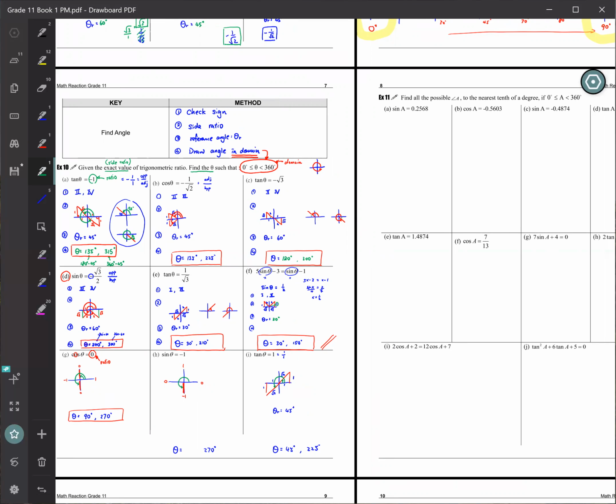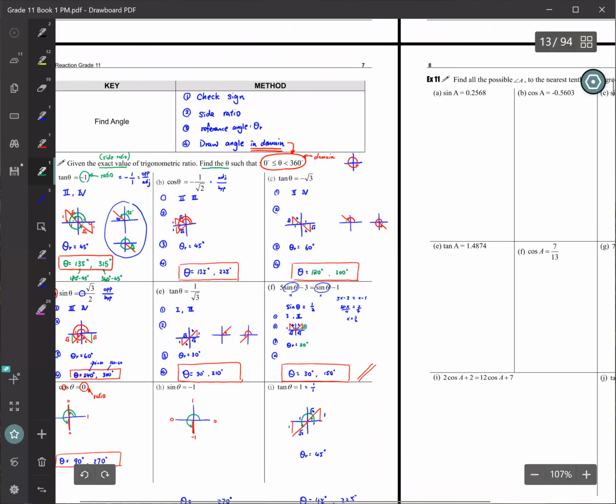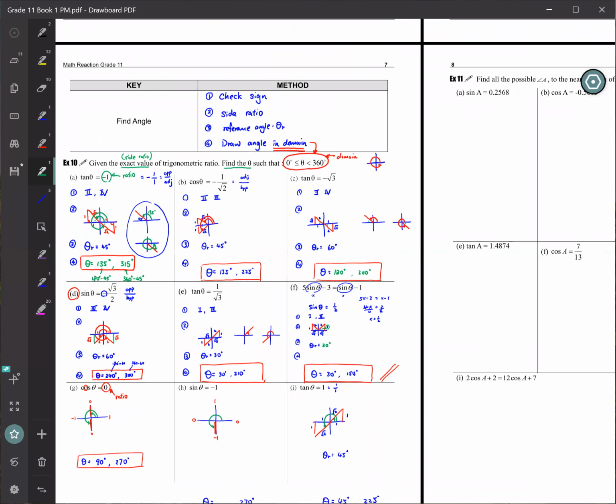Both of them are finding angle, right? However, what's the difference? Look at the question. Compare question A and the question on the left side. What difference do you see, Chris? What difference between the questions on page 7 and the questions on page 8?